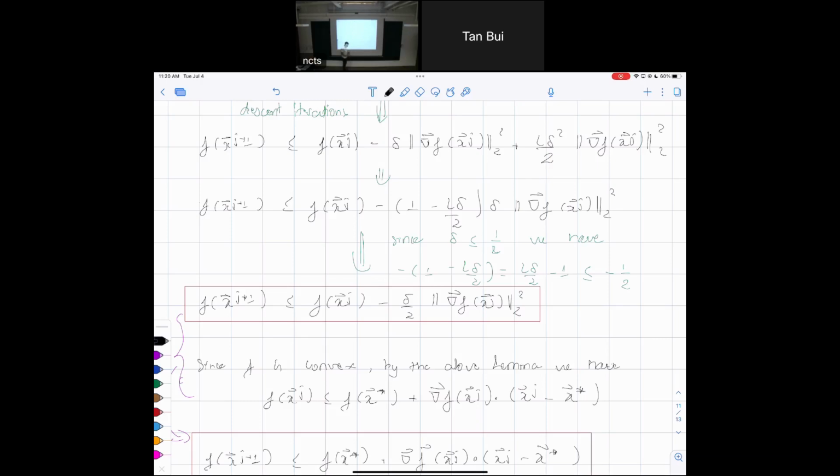Everybody see that? Our function decreases every iteration. Is that good? And this guy is less than this guy minus this guy, of course, this is less than or equal to f of x_j. Actually, let's go up there.